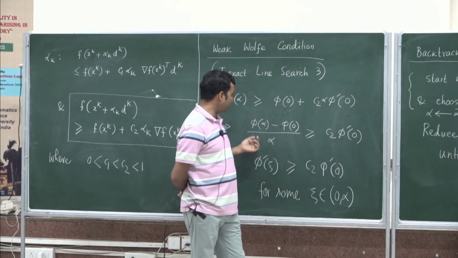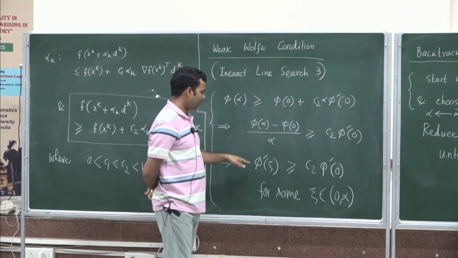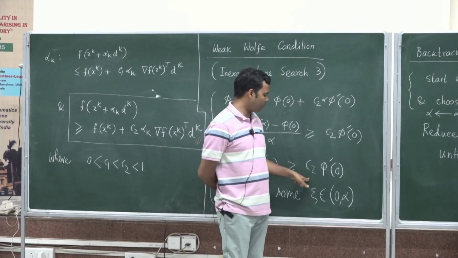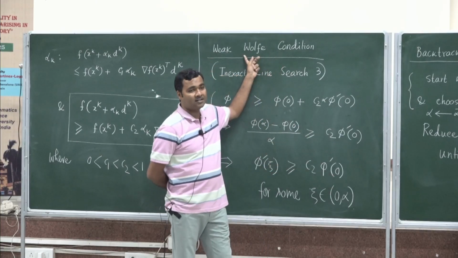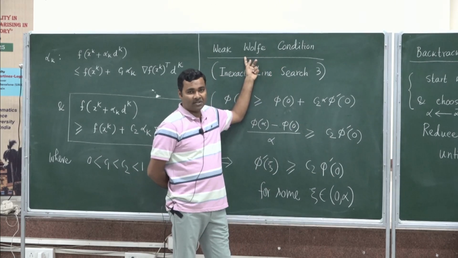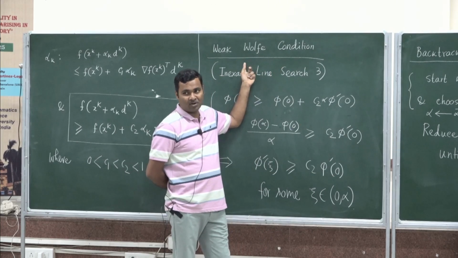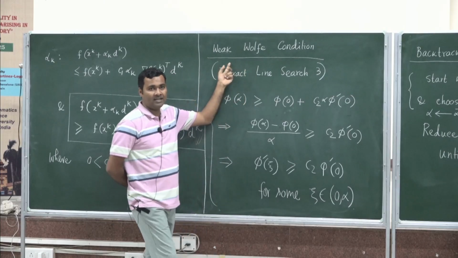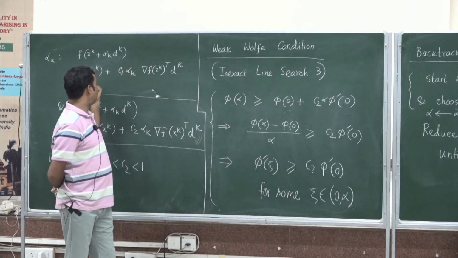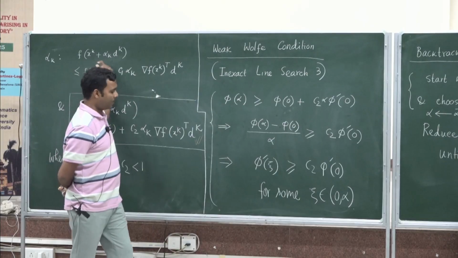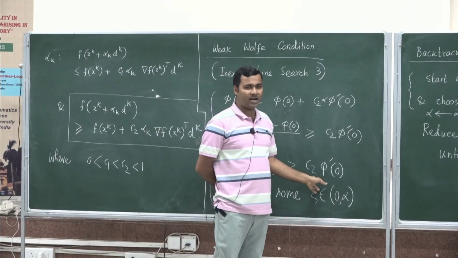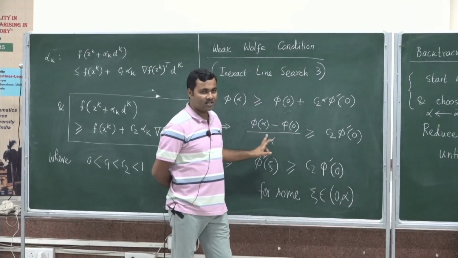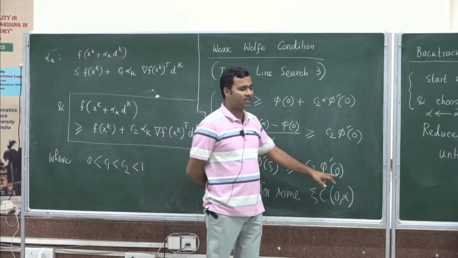So if we replace this condition by phi dash alpha greater than or equal to C2 times phi dash 0, then Wolfe found that the conjugate gradient method can have the global convergence property if alpha k is following the Armijo condition plus this condition phi dash alpha greater than or equal to C2 times phi dash 0. This condition he named the curvature condition. Why curvature condition?